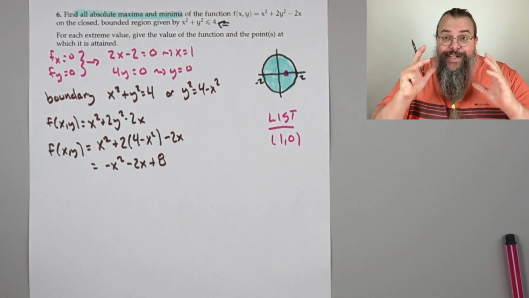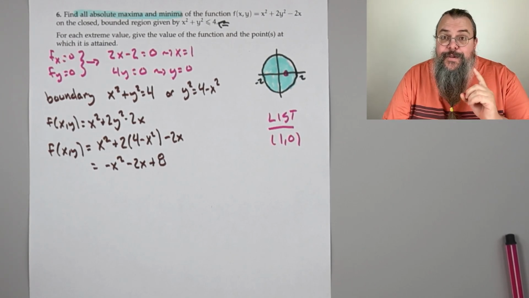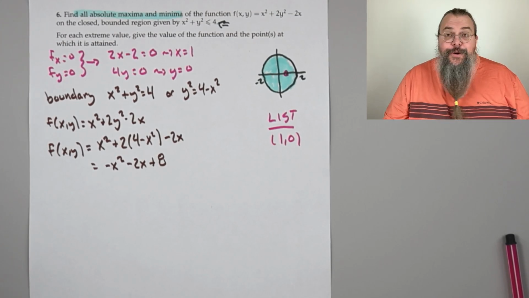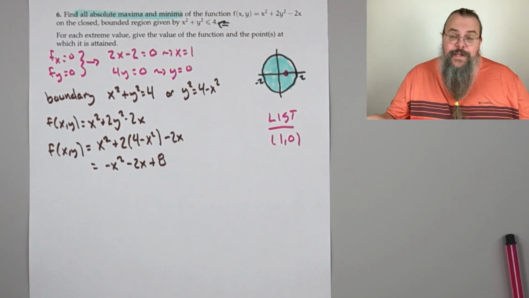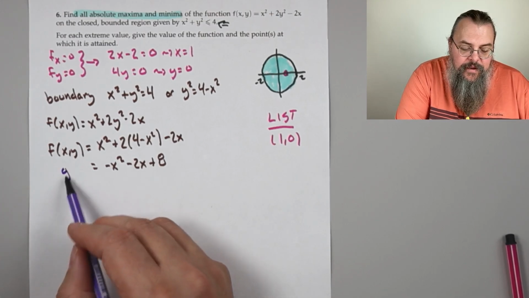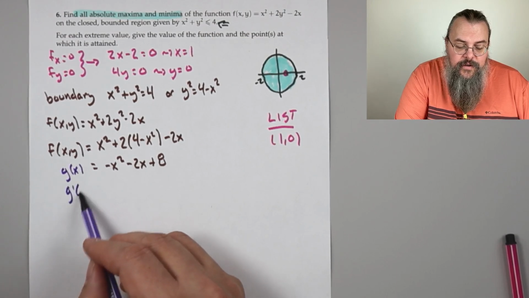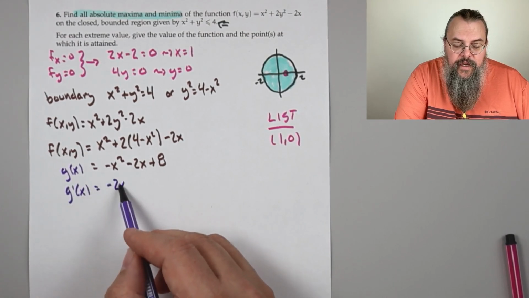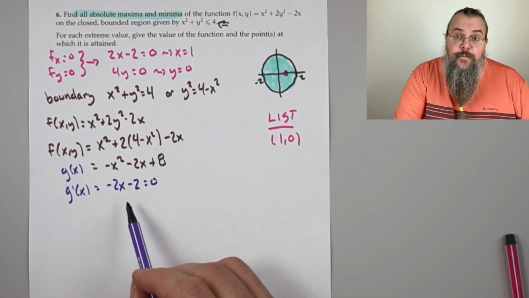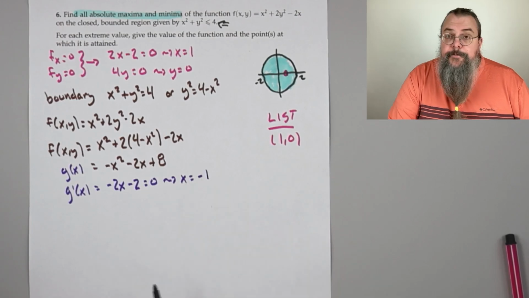Now, once you can get down to one variable, we're good to go. We say, let's just do it like we would in a Calc 1 class. We're looking for the critical points. Here I'm going to think of this as a function of x on the boundary. So what's the derivative? Minus 2x minus 2 equals 0. And we solve. That leads us to x equals negative 1.